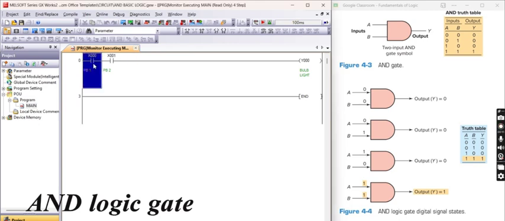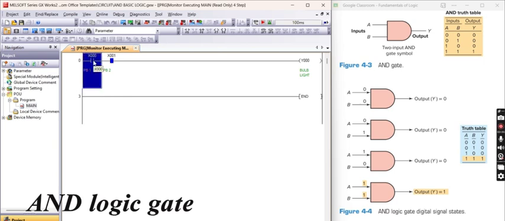If A is 0 and B is 0, our output is not energized. If A is 0 and B is 1, our output is not energized.